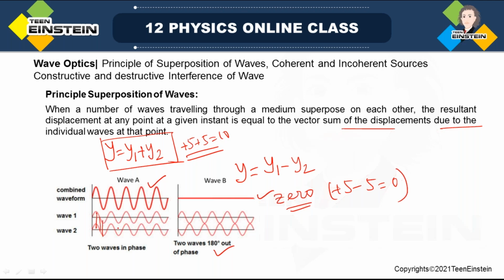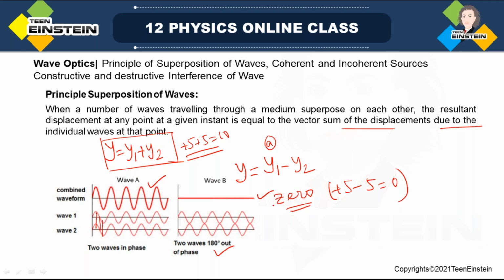When the waves are meeting in phase, the amplitude of the displacement will be maximum. When the waves are meeting 180 degrees out of phase, the displacement will be, actually I'm saying 0, I'm just supposing that the amplitude and the frequencies of both displacements are the same.